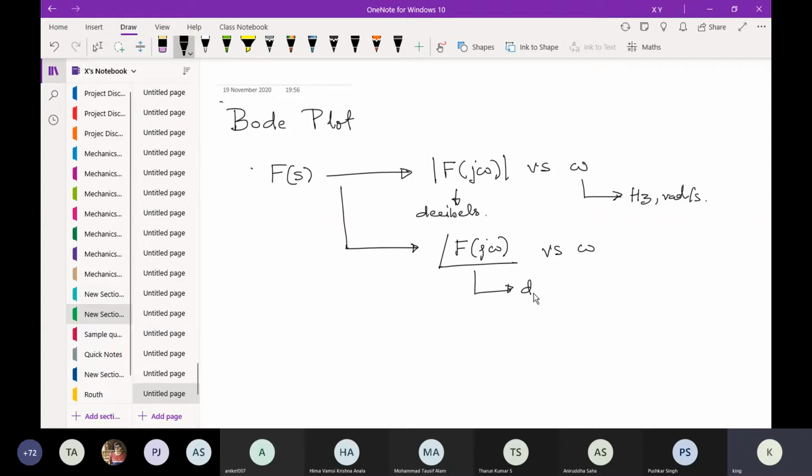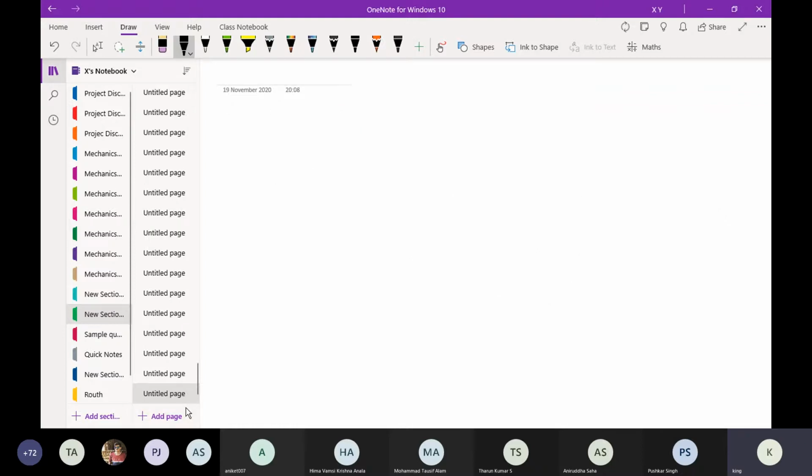This is generally in degrees. So we'll now look at how we can go about it.